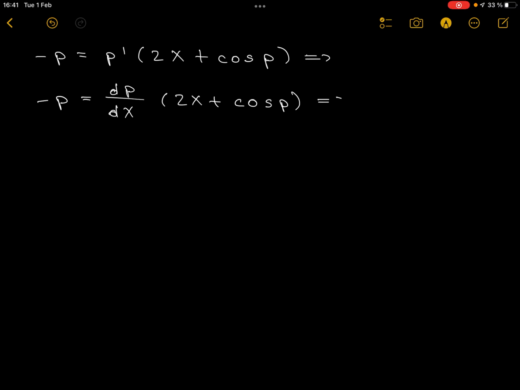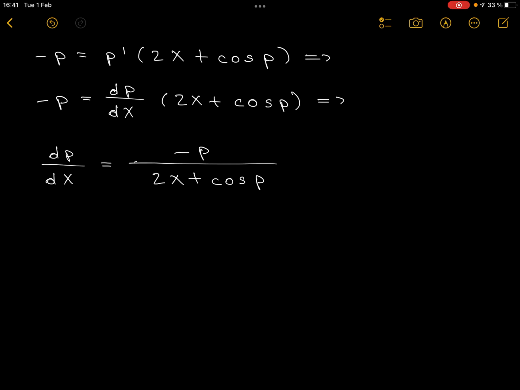From here it would follow that dp over dx is equal to minus p over (2x plus cosine p).